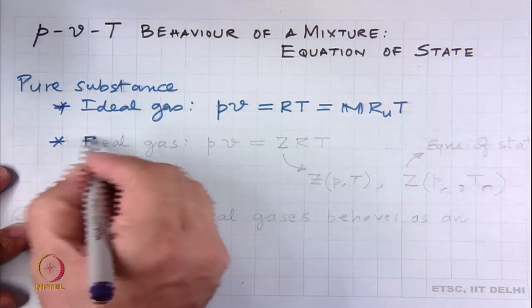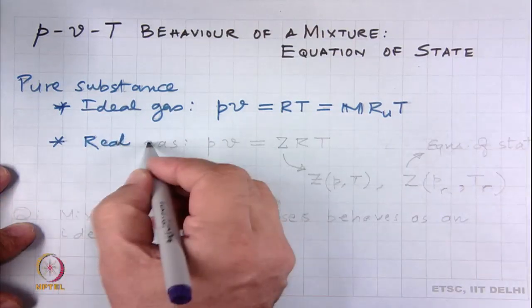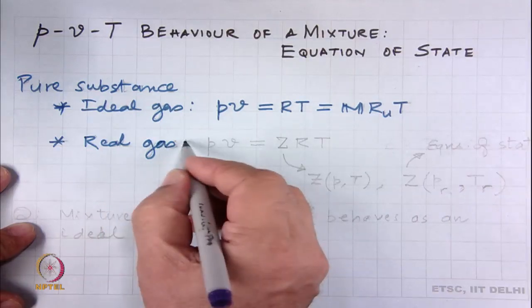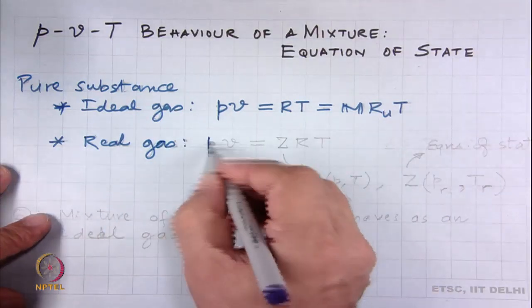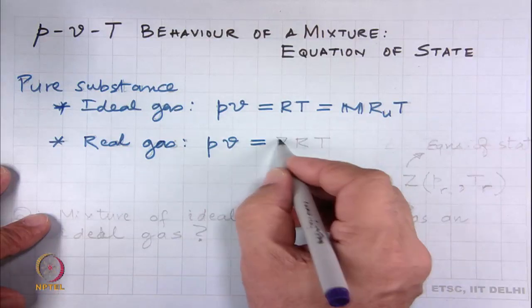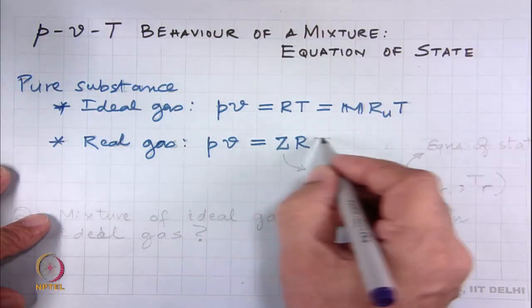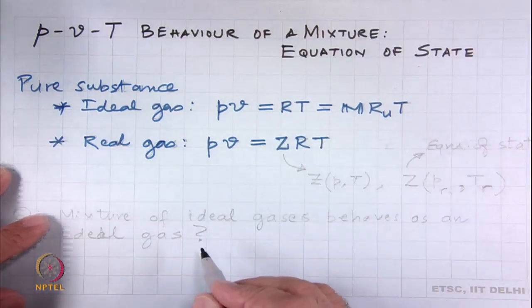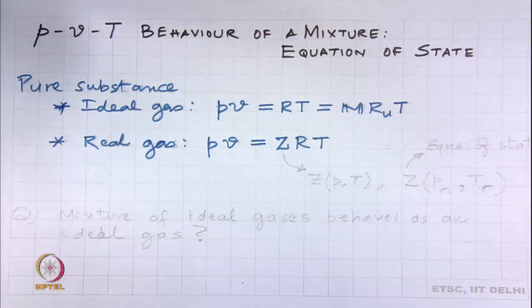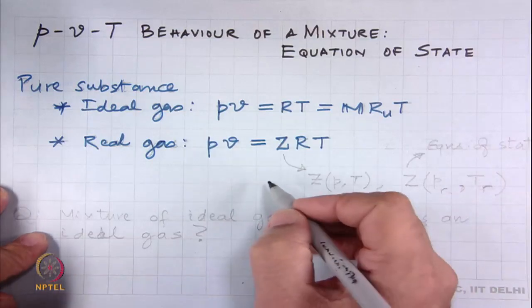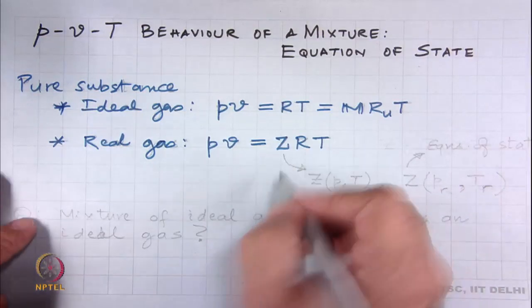For a real gas, we modified this equation to PV is equal to ZRT, where Z is the compressibility factor.